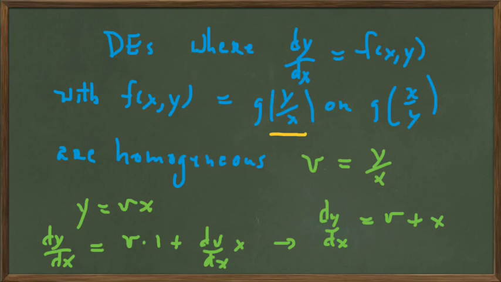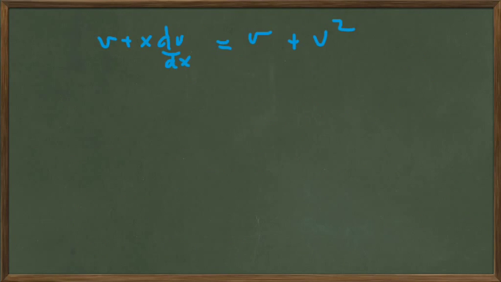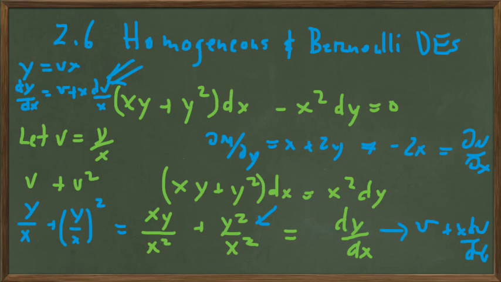It could have been a function of x over y, but since it was this case right here, we let v equal y over x, and then we solved that for y and differentiated and got this alternate version of dy dx. So we wind up with the alternate form of dy dx, which was v plus x dv dx, and on the left-hand side we had, you'll recall, v plus v squared.